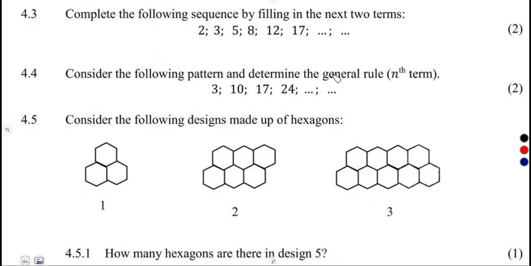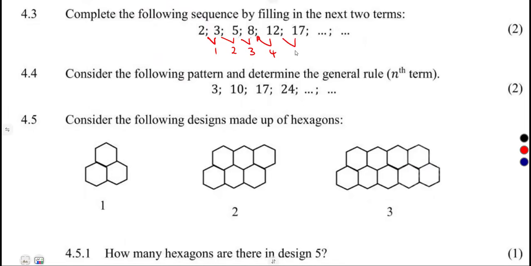All right. 4.3, complete the following sequence by filling in the next two terms. It is the same as what we just did from that table. You just need to consider what is the difference, what is happening between the terms. Here, if we check 3 minus 2, 1. 5 minus 3, that's a 2. 8 minus 5, that's a 3. 12 minus 8, that's a 4.